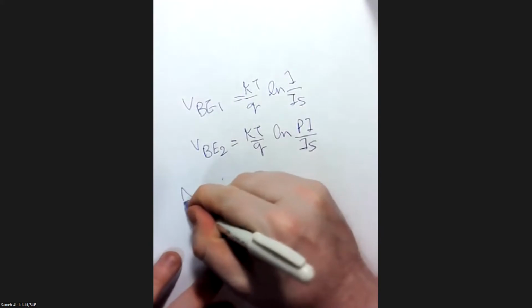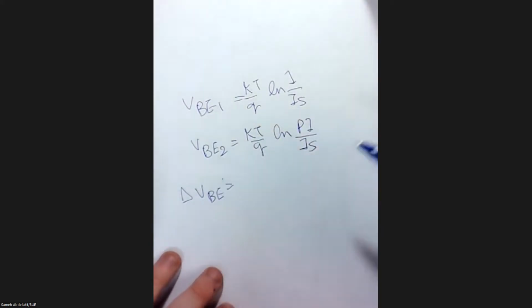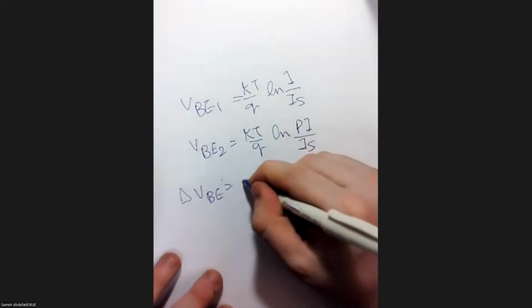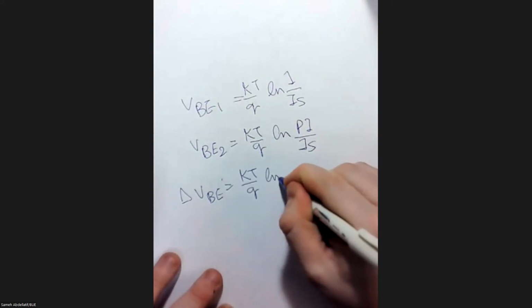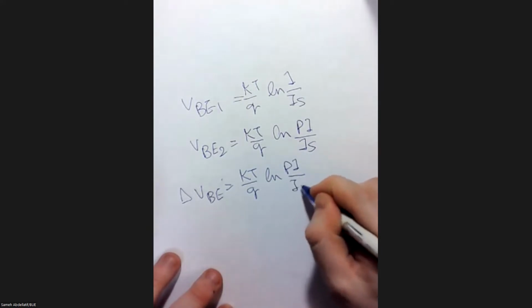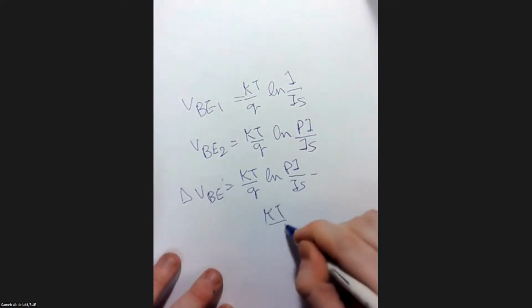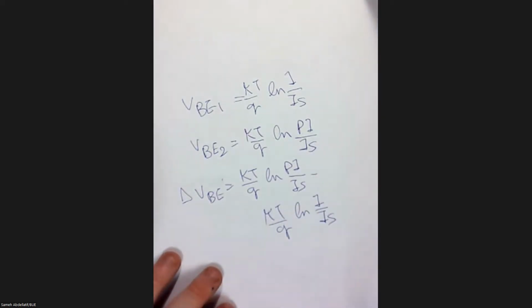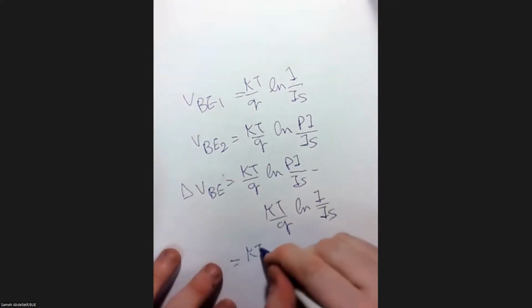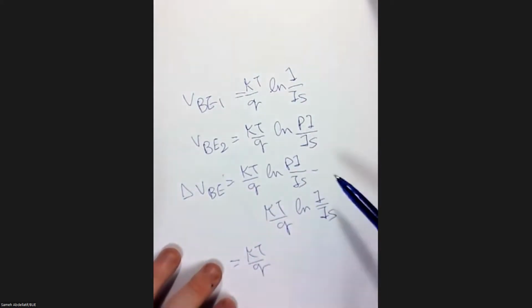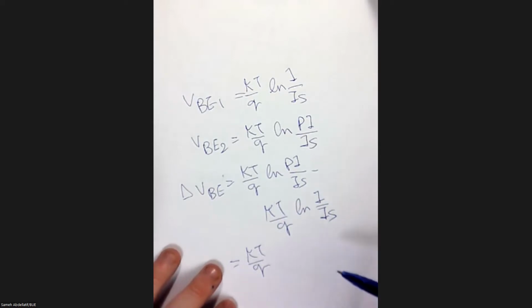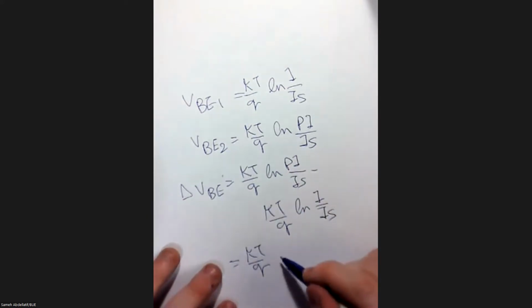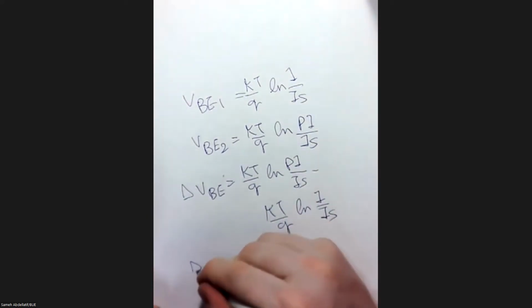Using this, delta VBE will be equal to VBE2 minus VBE1, which is KT over Q ln P I over IS minus KT over Q ln I over IS. Taking KT over Q as a common factor and using the fact that subtraction of ln gives division, I cancels with I, IS cancels with IS, and you will get ln P, and this is delta VBE.